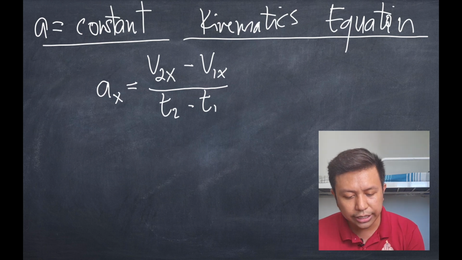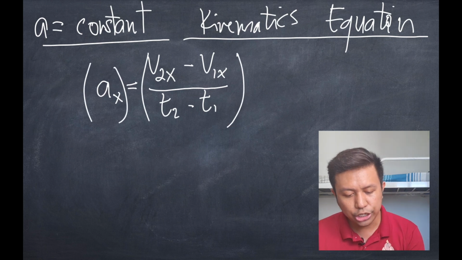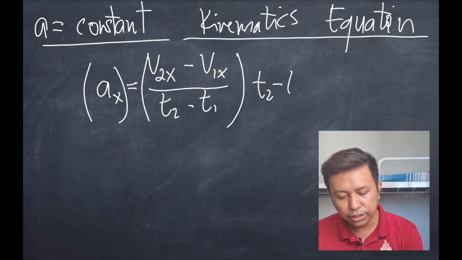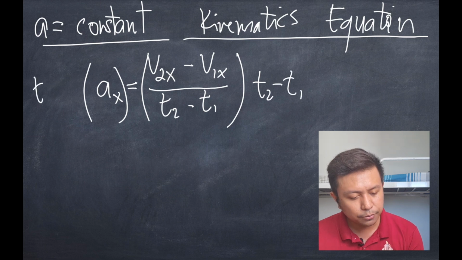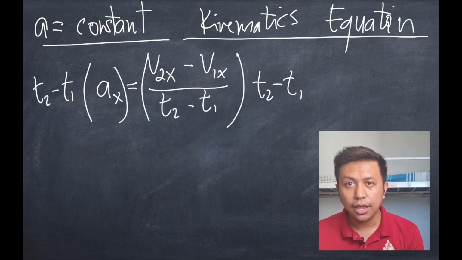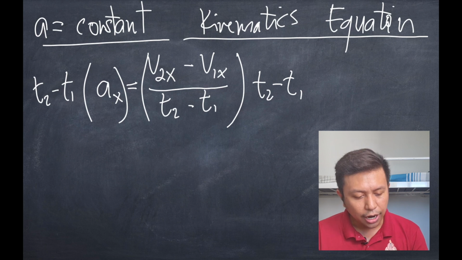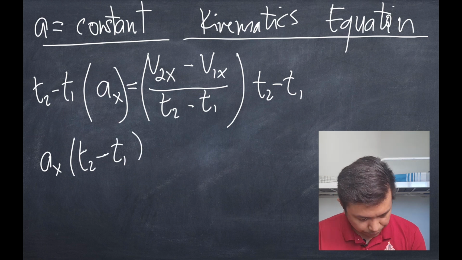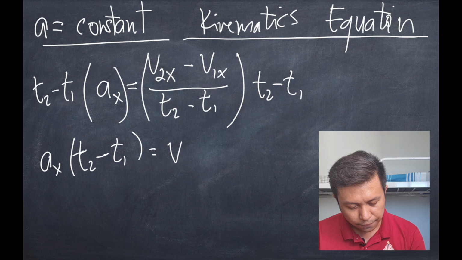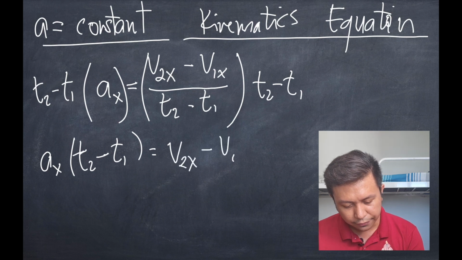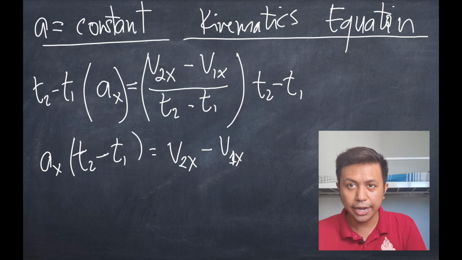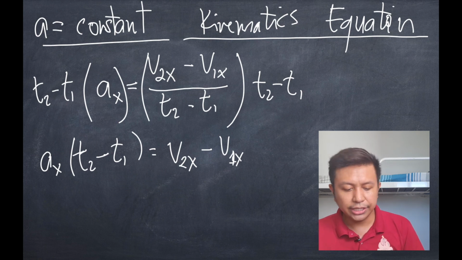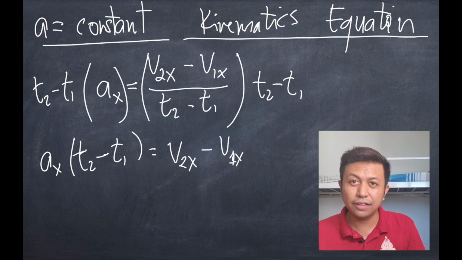We can rearrange this equation by multiplying each side by t2 minus t1, and we will be left with a sub x times t2 minus t1 is equal to v2 of x minus v1 of x. Then we can rearrange it further to reflect the final velocity.